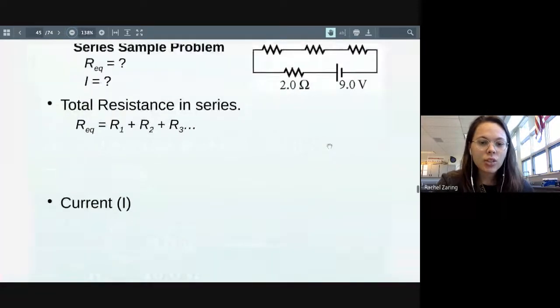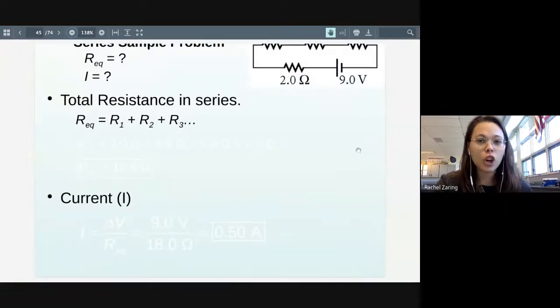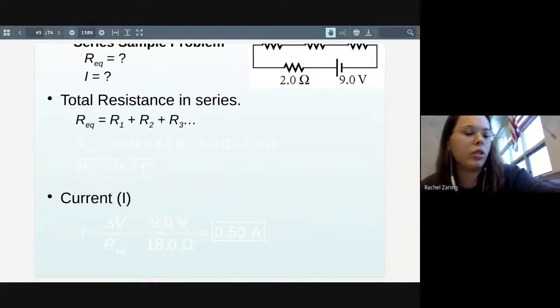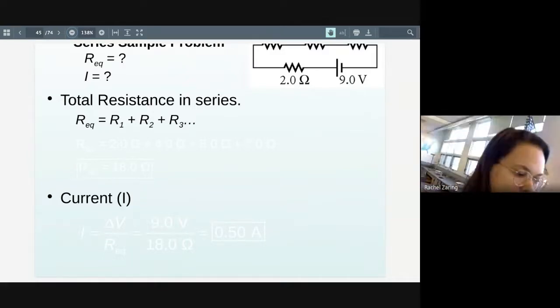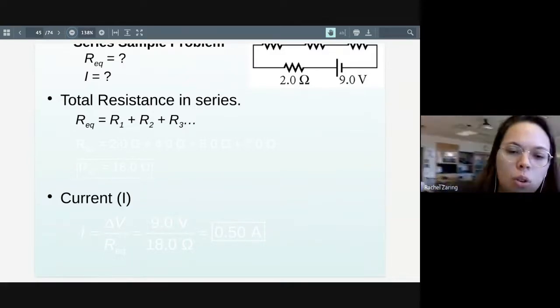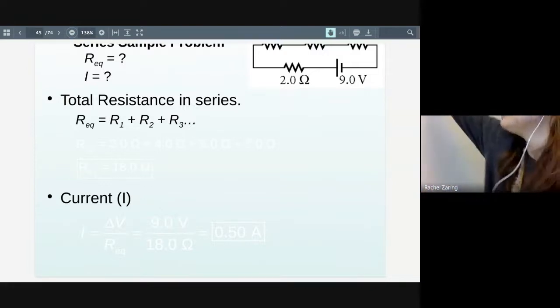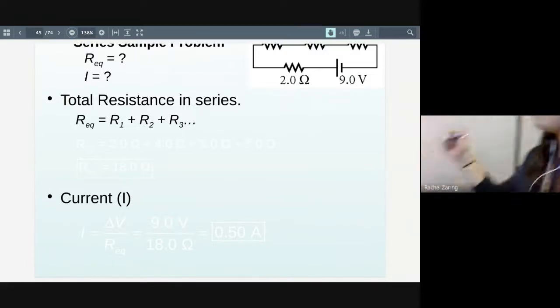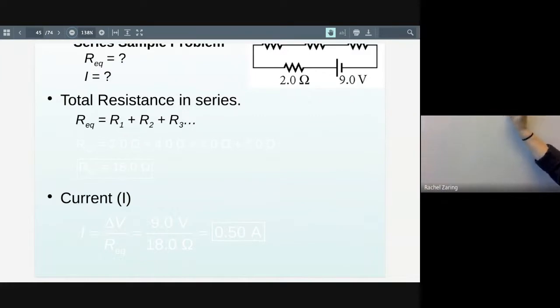Okay, so then if we're solving for our current, we're just going to use plain old Ohm's law. So maybe I will switch this so I can write this on the board and you can see as we're going through this. When we're solving Ohm's law, we say that the current is equal to our total voltage divided by our equivalent resistance, which I just write Req.